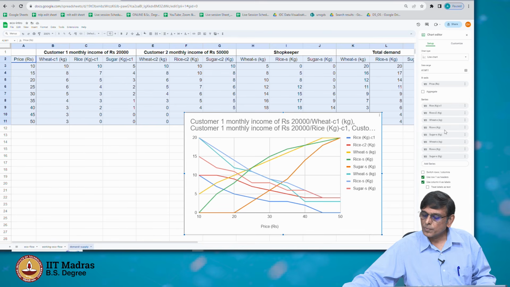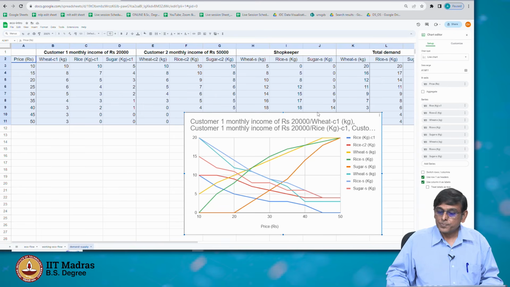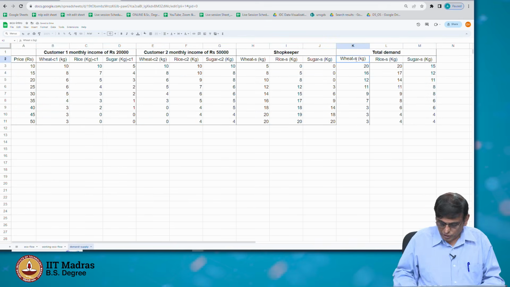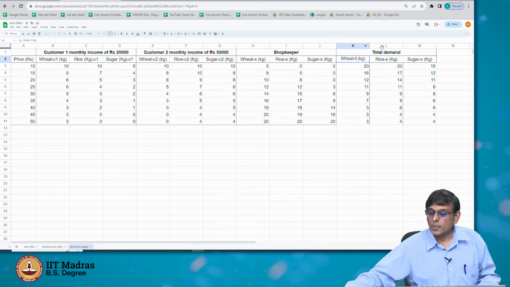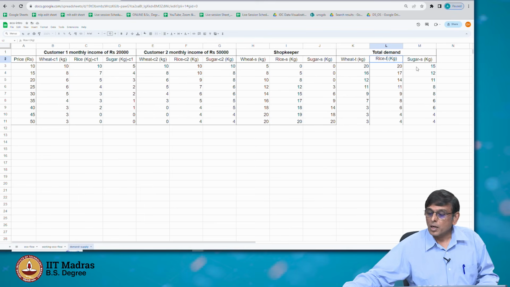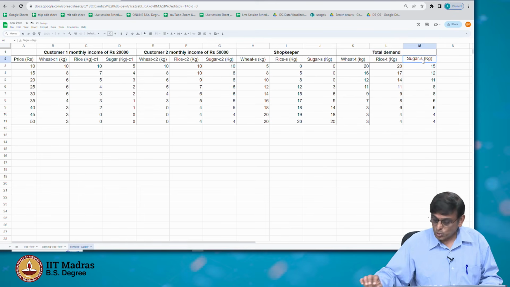Oh, sorry, what I should have done is rename this. Let's call it total, right? So T, let's call this T. This is wheat total demand, and this is sugar total demand.